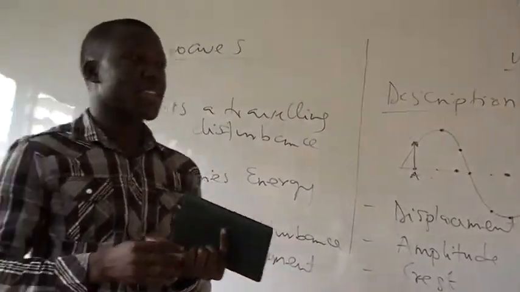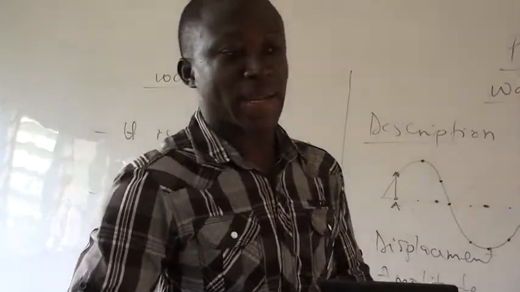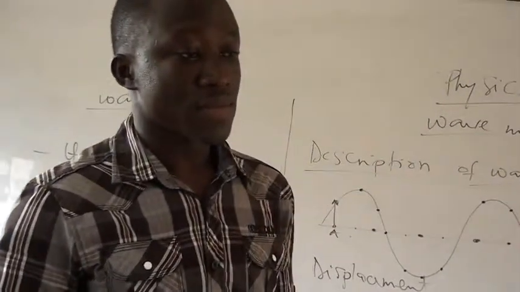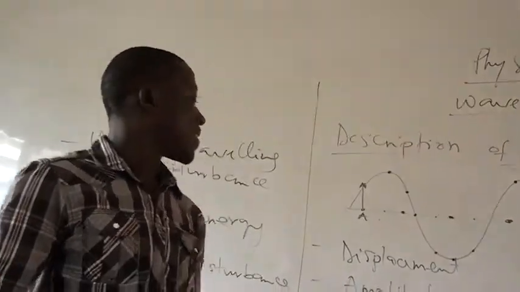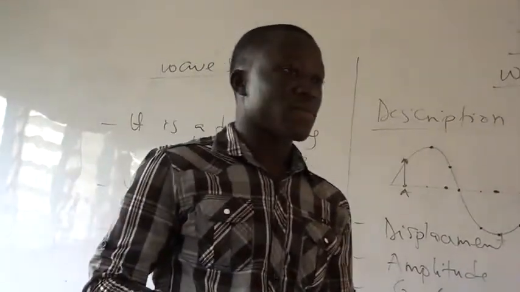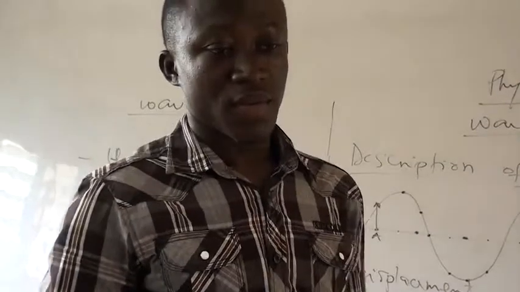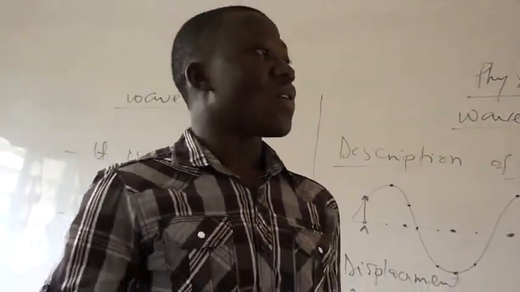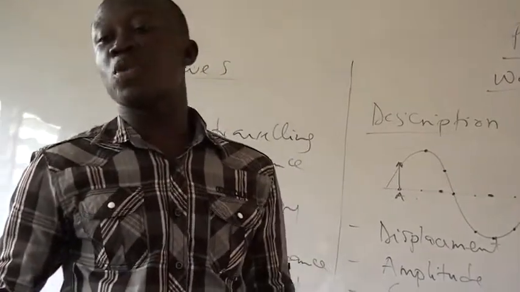So you can define the displacement of a particle as the distance traveled by the particle from the equilibrium position.